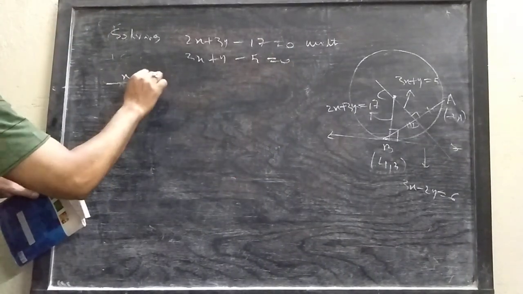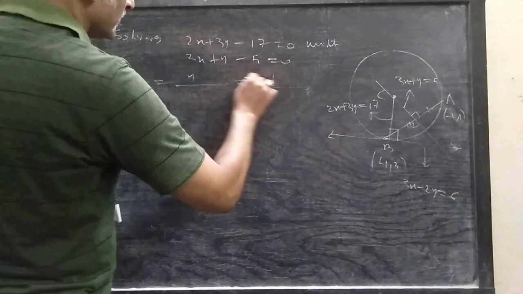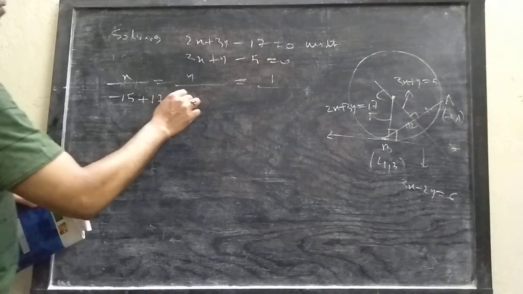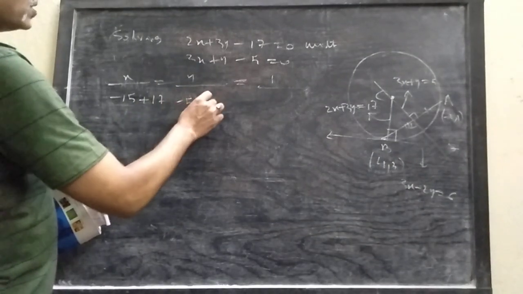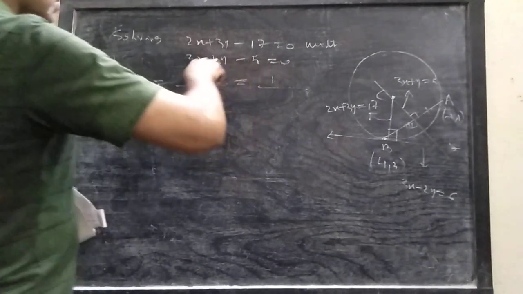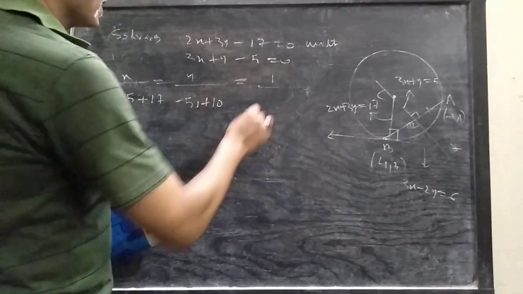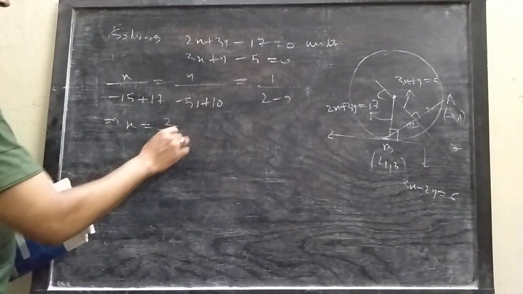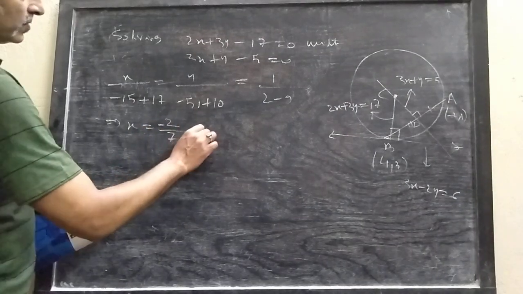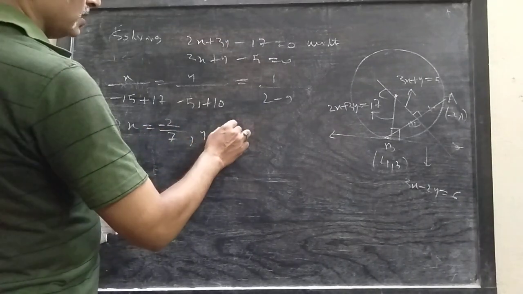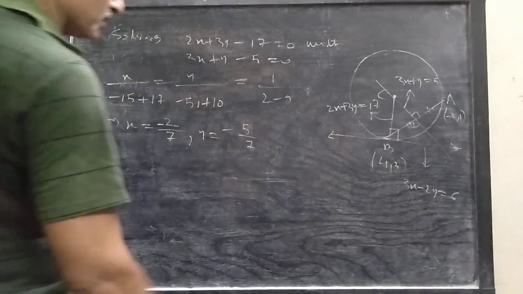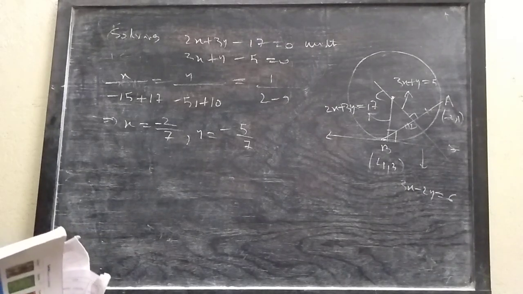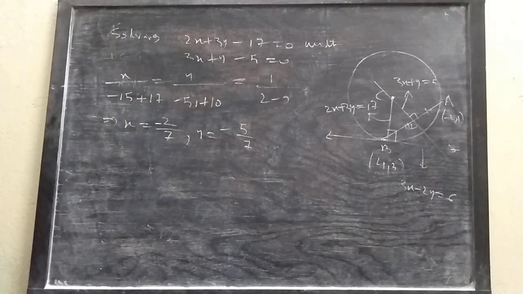We get x/(minus 15 plus 17) = y/(minus 51 plus 5) = 1/(1 minus 9), so you get x is minus 2/7, y is minus 5/7. So the coordinates of the center become (minus 2/7, minus 5/7).